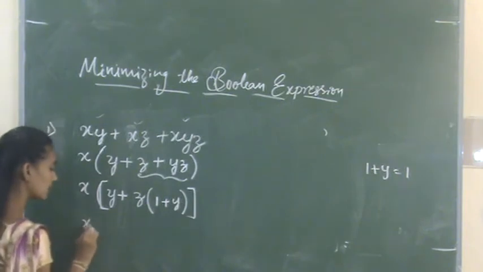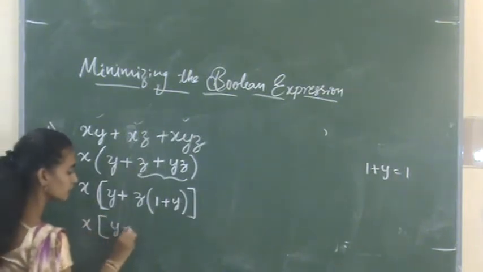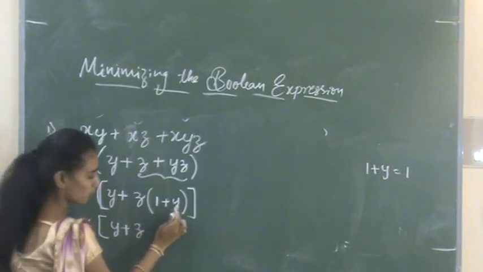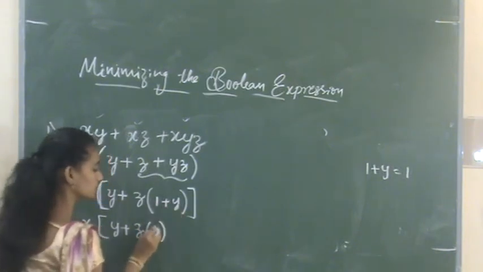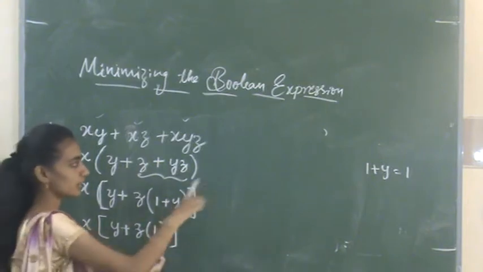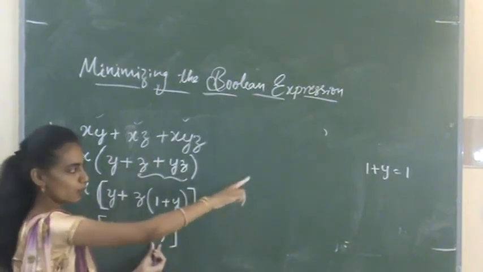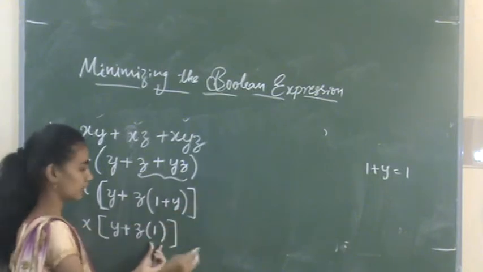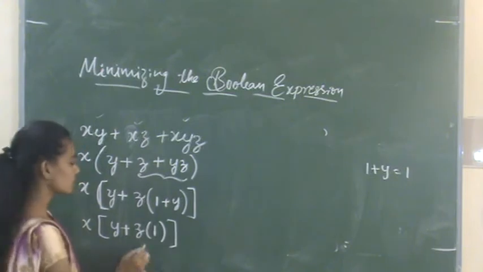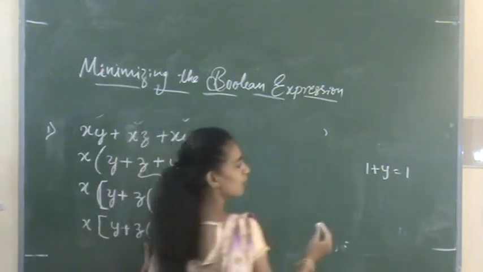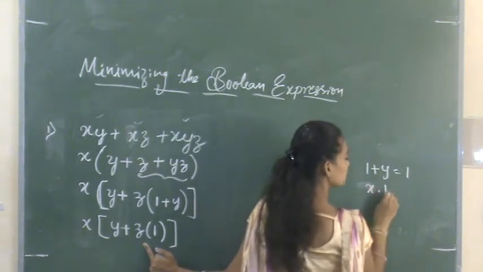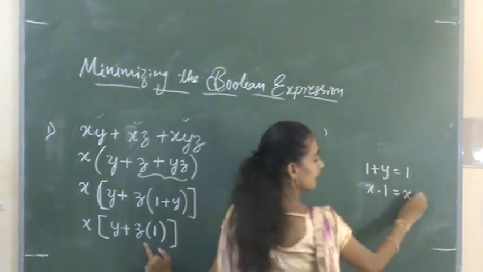So now this expression becomes z. So instead of 1 plus y, I am writing 1 only. Okay. So why am I writing 1 here? According to the property, 1 plus y is equal to 1. So instead of 1 plus y, I am writing 1. Okay. So next, according to the property of 1 only, x into 1 is equal to x only, right?